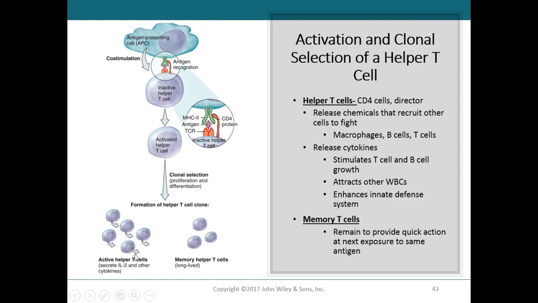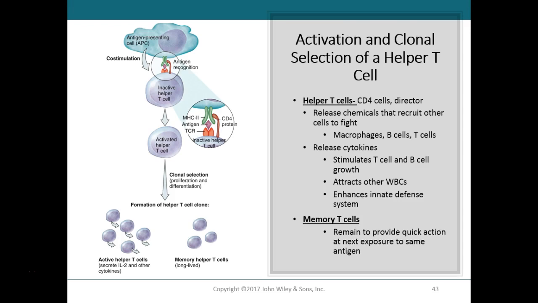So copies of that particular cell become helper T cells that are going to be responsible for eliminating the pathogen, and memory T cells that are cells that have a long lifespan that, remember, they're clones of this cell, so they have the same type of receptors. So the next time that particular pathogen with that particular antigen is in the body, then those memory T cells can proliferate and differentiate and become those active T cells of the same exact type.